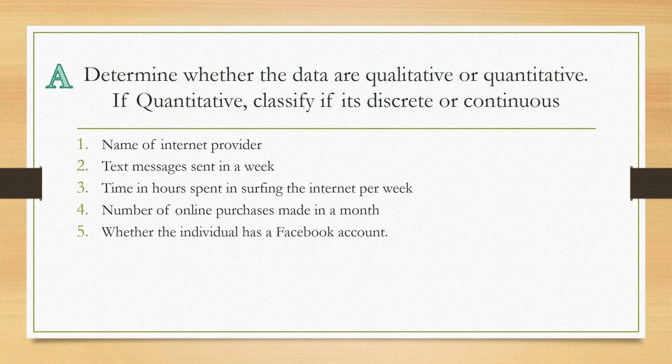Number 5, whether the individual has a Facebook account. This is like answering yes or no. So we are going to have this as qualitative data. Number 6, number of bicycles sold in 1 year by a large sporting goods. So the word itself, number, so we consider this as quantitative data.